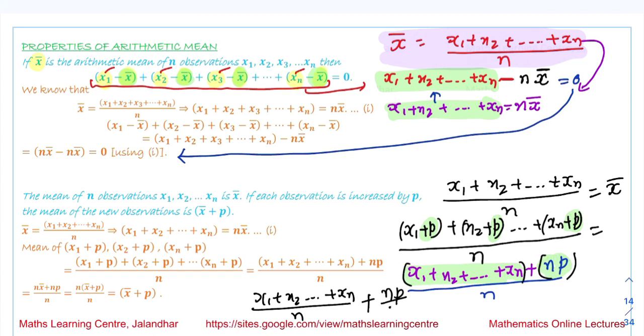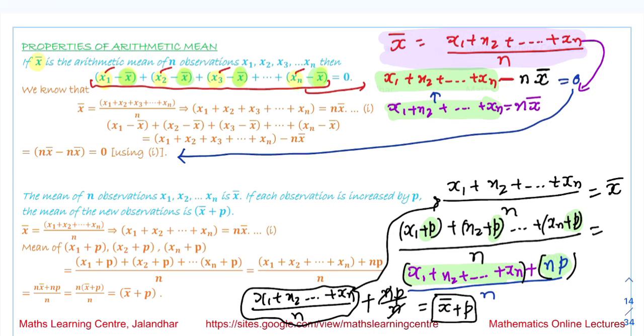So n gets cancelled over here, and the value of the first term is x bar. So the answer is x bar plus p. So if the mean of n terms is x bar, the mean of the new observations is x bar plus p.